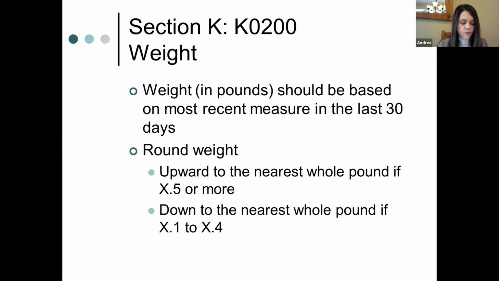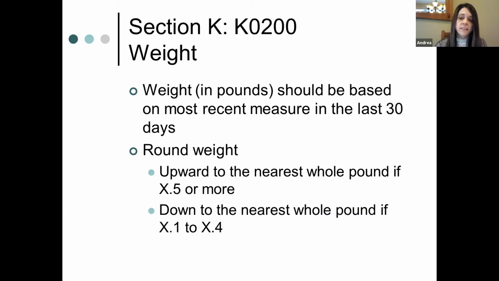If the last recorded weight was taken more than 30 days prior to the ARD date of this assessment, or the previous weight is not available, then weigh the resident again. If the resident's weight was taken more than once during the preceding month, record the most recent weight.